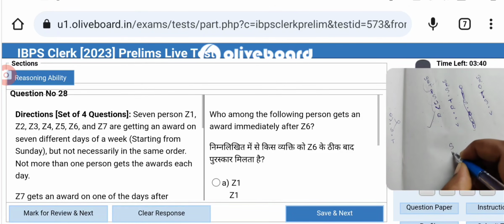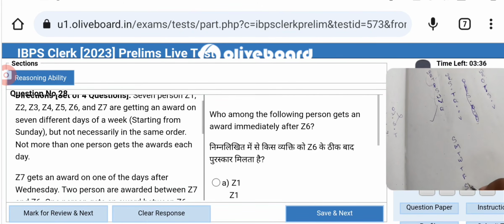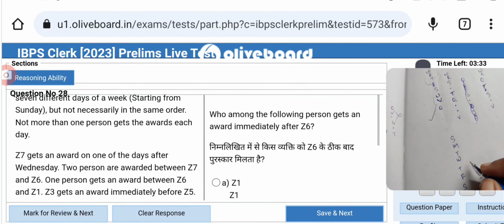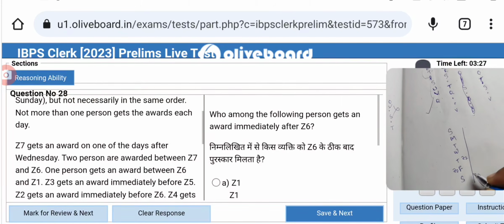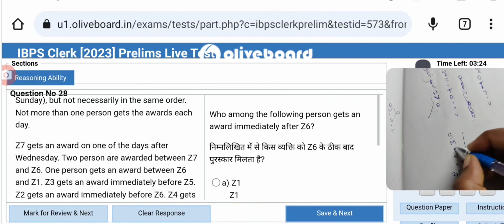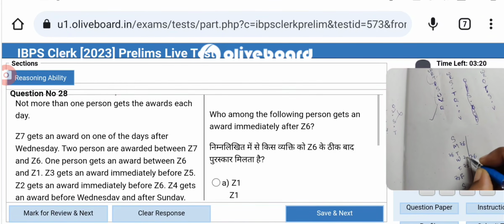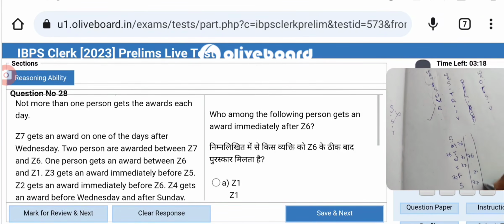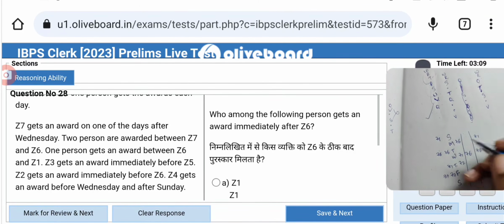7 persons: Sunday, Monday, Tuesday, Wednesday, Thursday, Friday, Saturday. Z7 after Wednesday. Next, 2 between Z7 and Z6. 1 between Z6 and Z1. Next, Z3 immediately before Z5.